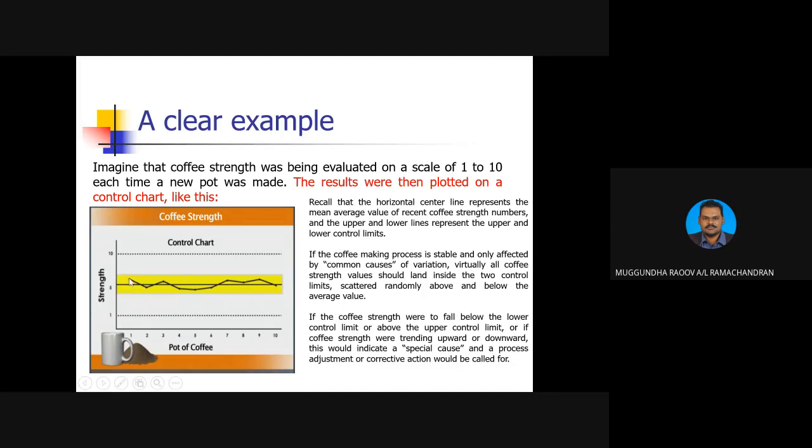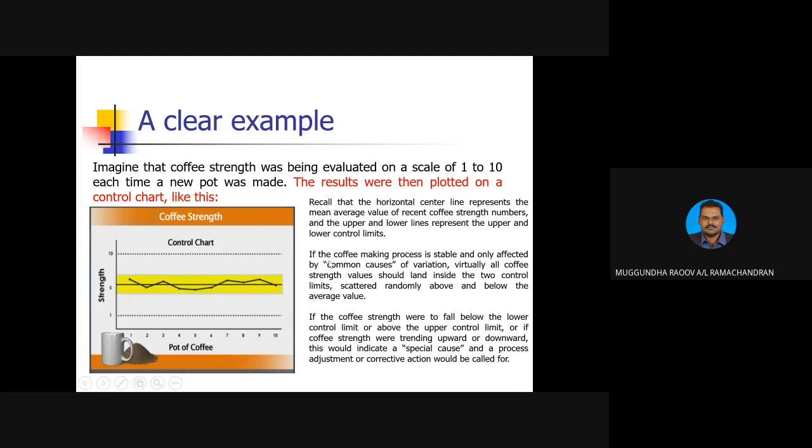Actually, the tolerance limit is higher, but if you observe, the tolerance limit is very small. The horizontal line represents the mean average of the recent coffee strain numbers, and the upper and lower lines represent the upper and lower control limits.